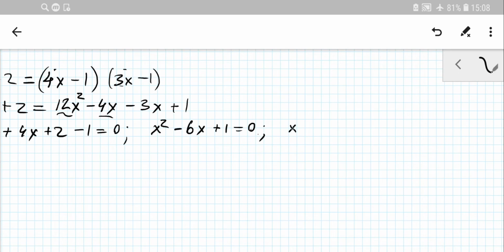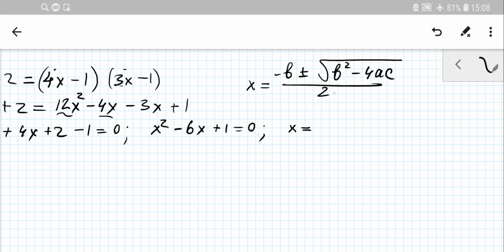So let's see. For x, so minus b, we use the quadratic formula, plus or minus the square root of b squared minus 4ac, that's the discriminant, and we divide by 2a. Okay, so if we apply this formula, we'll get minus minus 6, which is 6, plus or minus the square root of 36 minus 4, right?